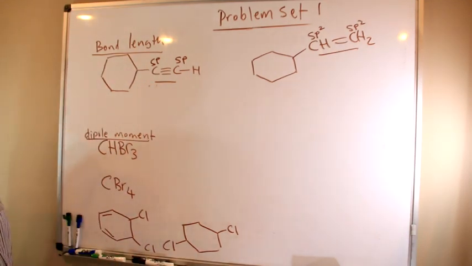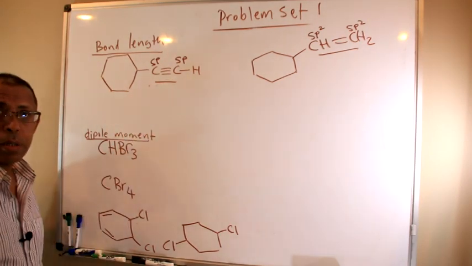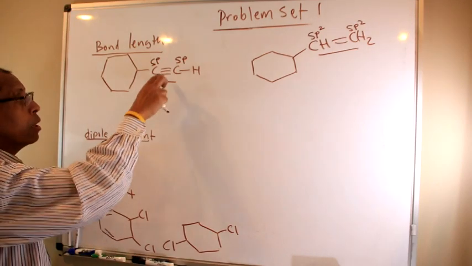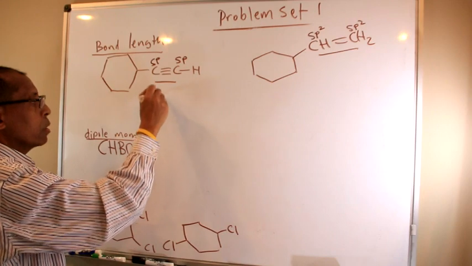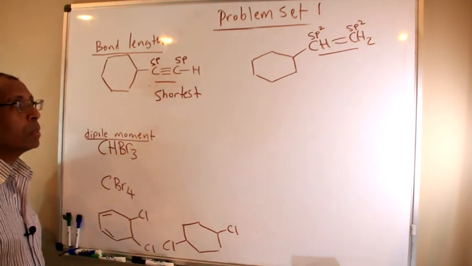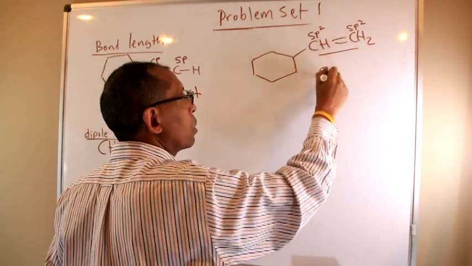Now if you just look at what our discussion was last time, the sp-sp hybridized carbon bond between the 2 carbons, the triple bond, is the shortest. The next, the carbon-carbon double bond, is short.